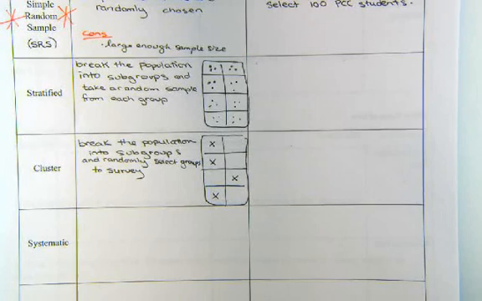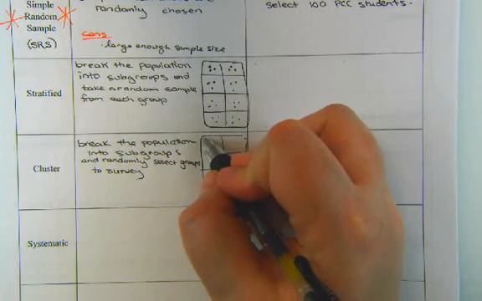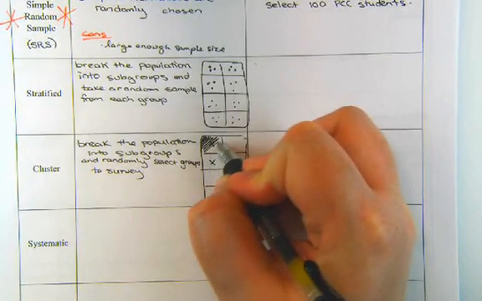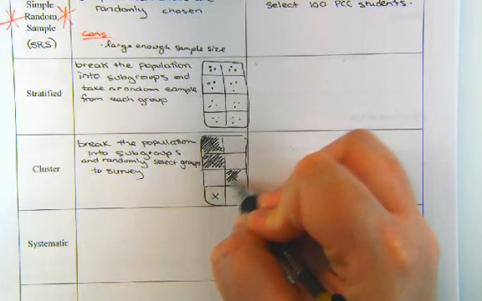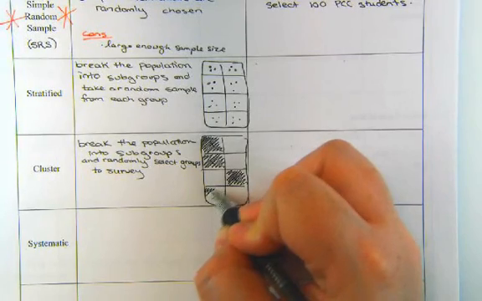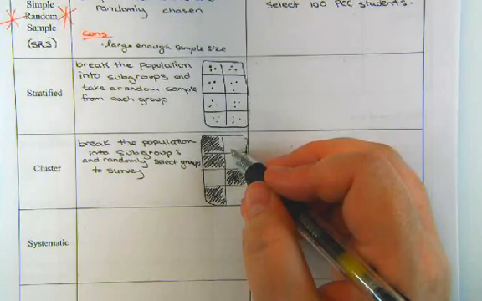So let's say a computer told us to talk to that group, that group, that group, and that group. Then once we've chosen certain groups to talk to, we survey everyone in each of those groups. So we talk to everyone in this group, everyone in this group, everyone in that group, and absolutely everyone in that group.